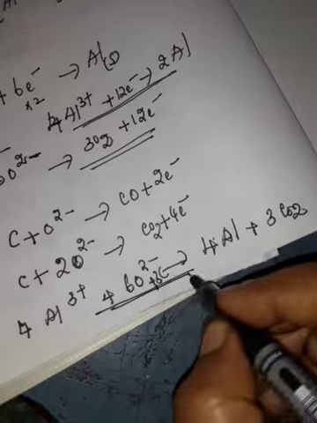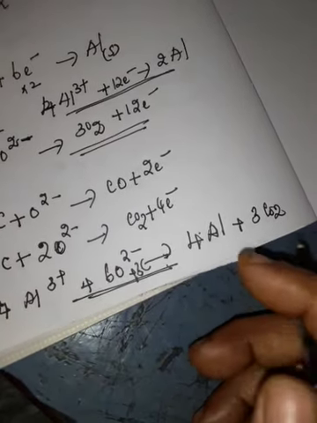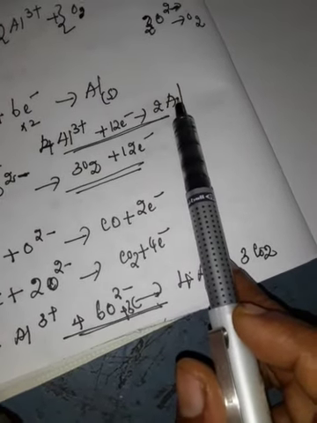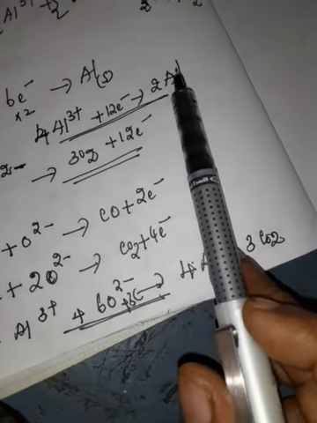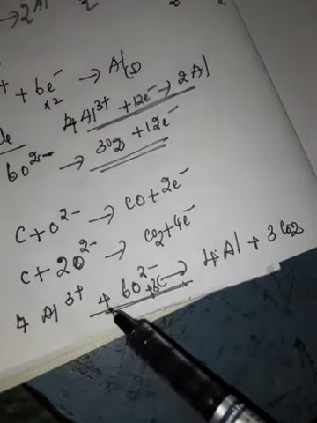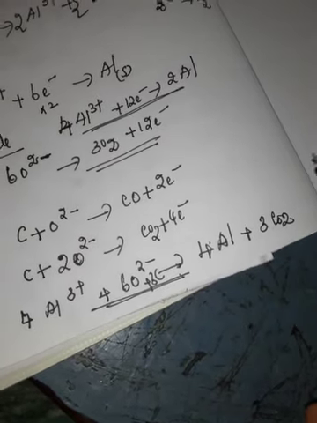This is the final reaction taking place. The aluminium is formed at the cathode, which settles at the bottom. So the net electrolysis reaction is: 4Al3+ plus 6O2- plus 3C giving 4Al plus 3CO2.